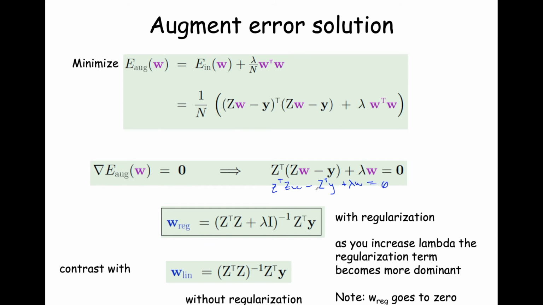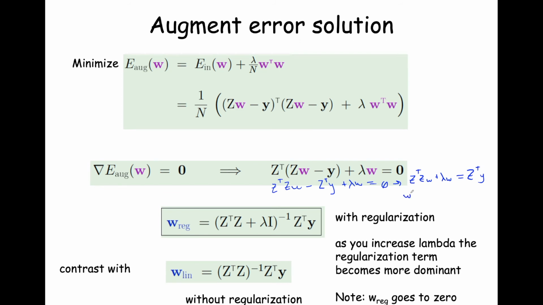So now, if we bring this Z transpose Y over to the other side, what we get is Z transpose ZW plus lambda W is equal to Z transpose Y. So now we factor out the W for that term on the left-hand side of equality.